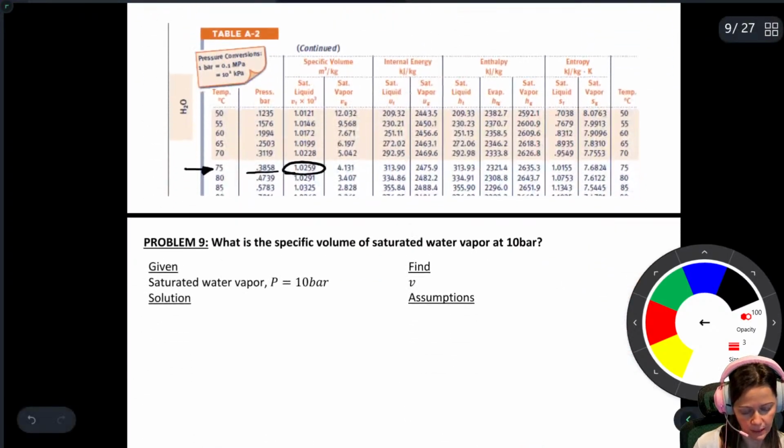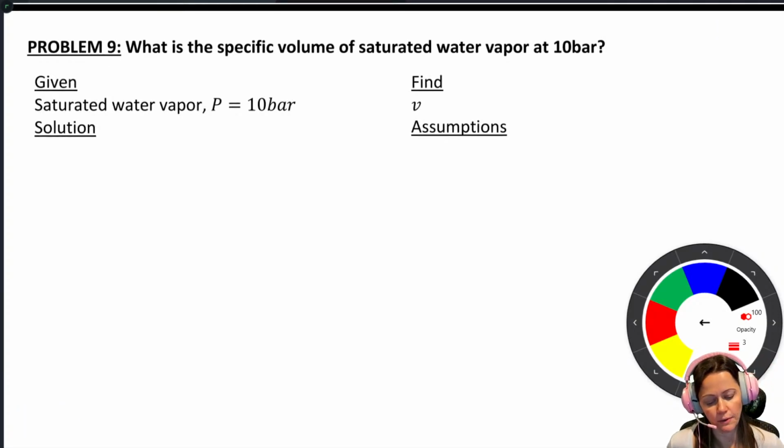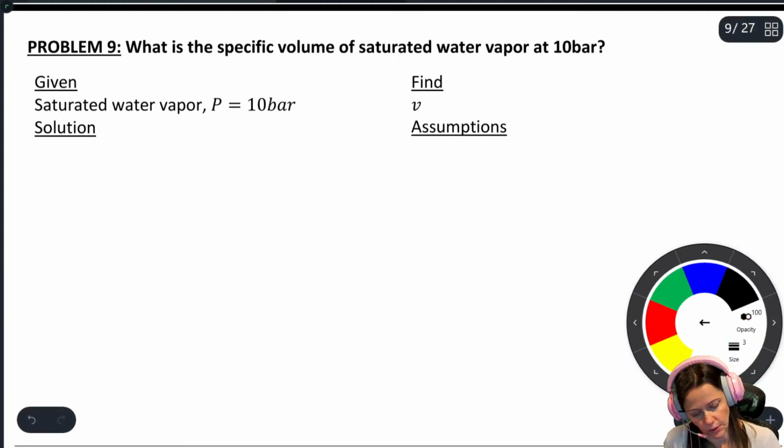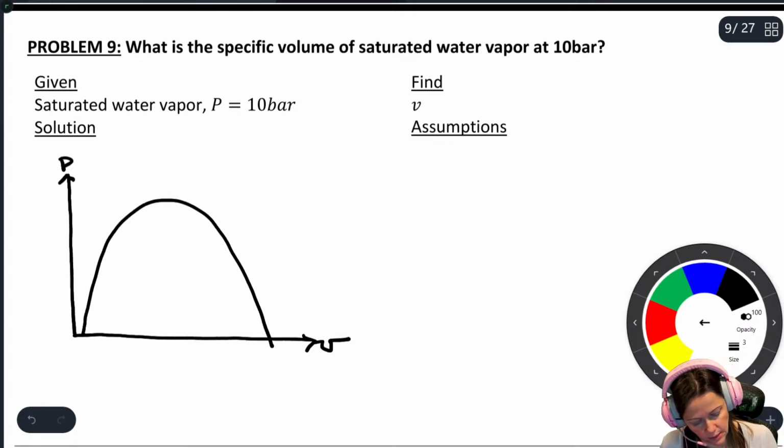And then problem 9, we want to know what the specific volume of saturated water vapor is at 10 bar. I could draw a PV or a TV diagram, but I'm going to draw a PV one because I know the pressure. I think it'll be easier to show.